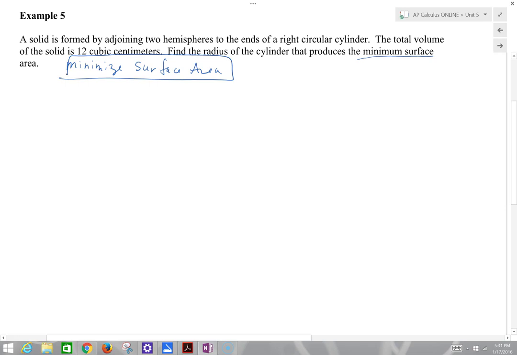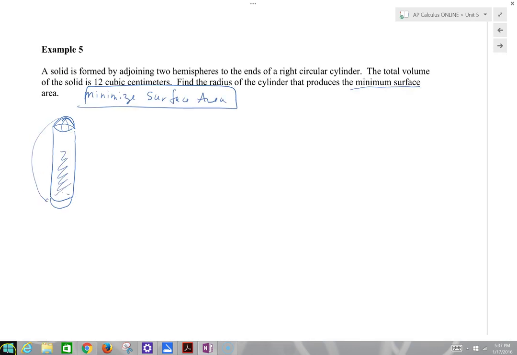And bear with me as I try and draw a picture. Alright, so there's my right cylinder. And then there's half of a ball on top of it. The same thing down here on the bottom.